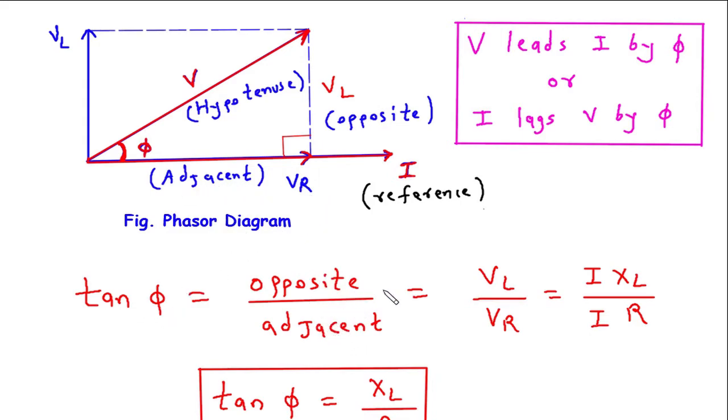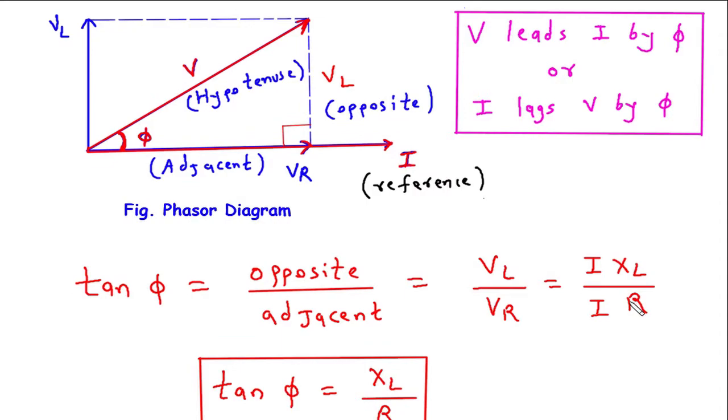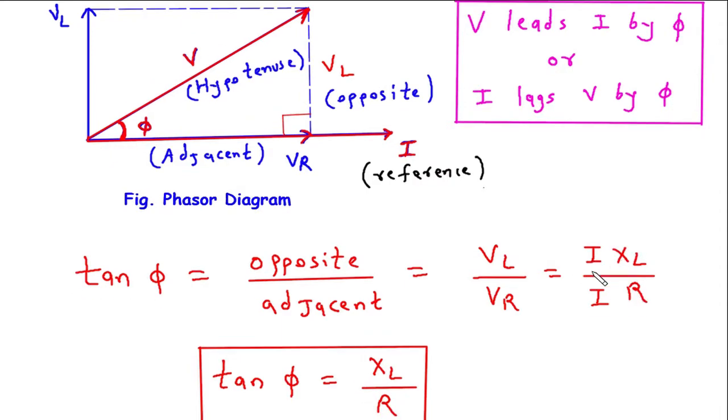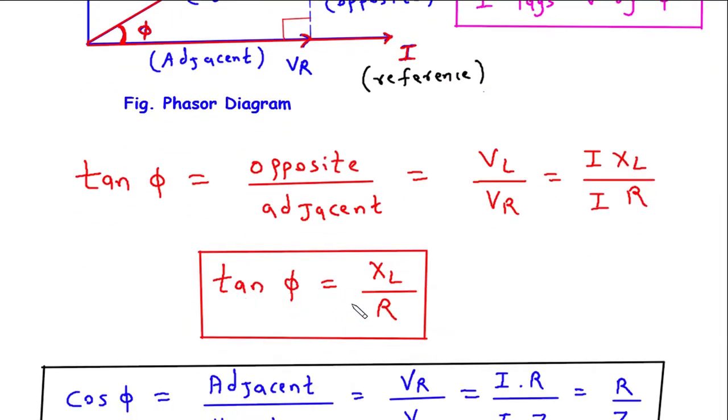So tan phi is equal to VL by VR, which is I into XL upon I into R. This I and this I will get cancelled. So tan phi is equal to XL by R.